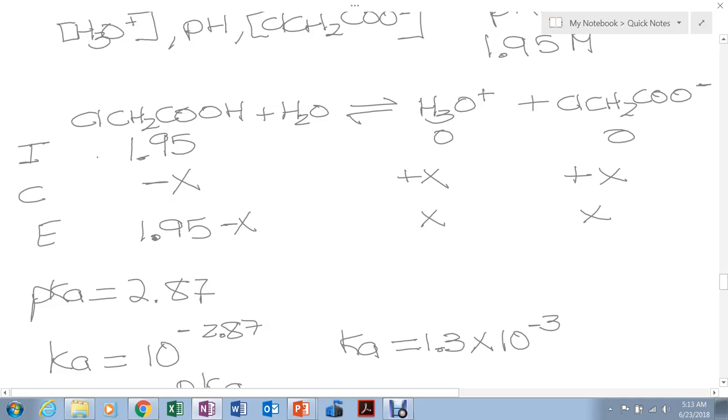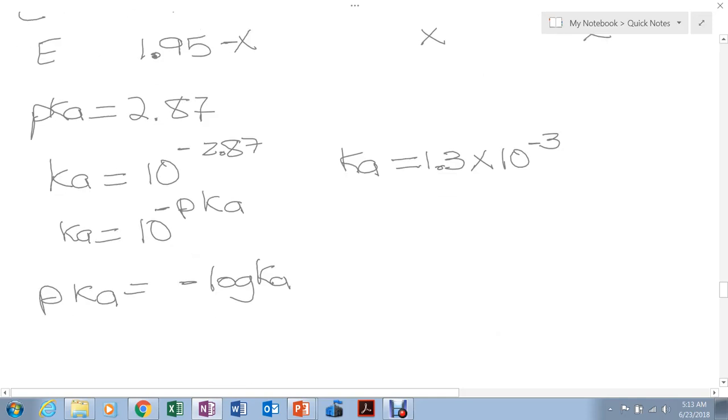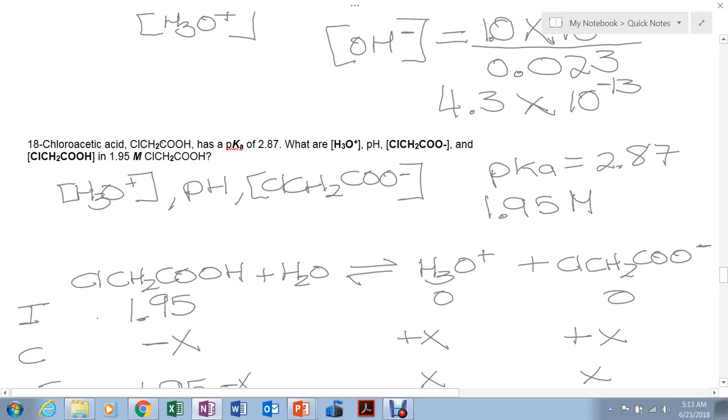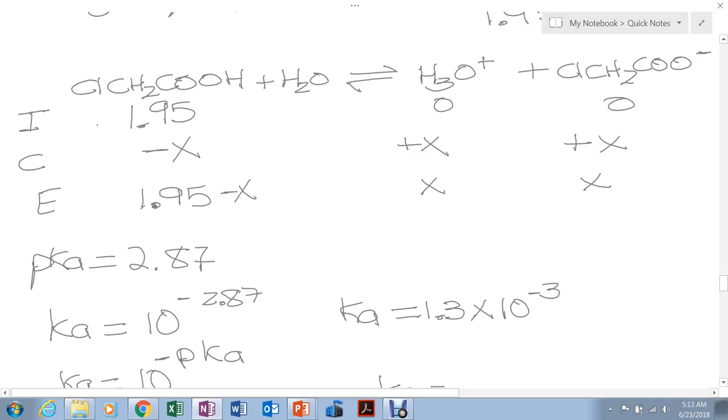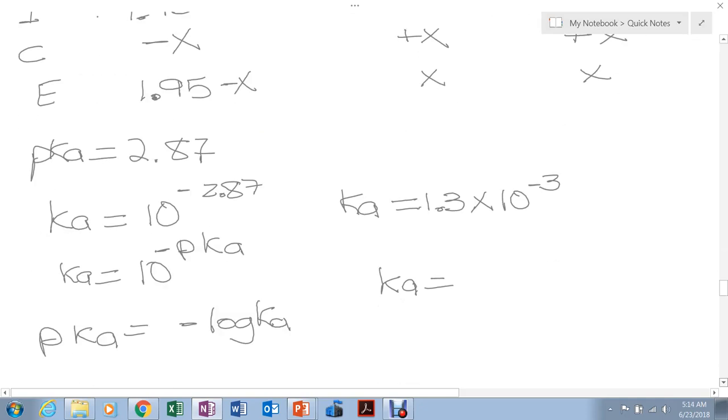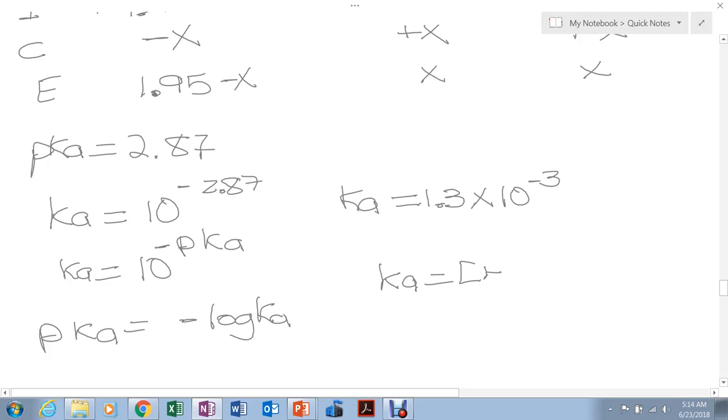So let's write the equilibrium expression, and it would be Ka equals, let's look at the ionization, the concentration of hydronium multiplied by the concentration of ClCH2COO negative divided by the concentration of the acid.